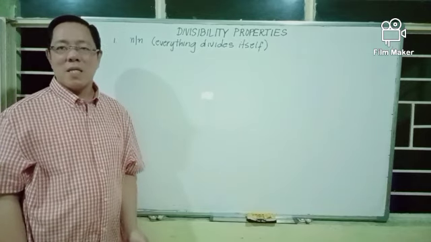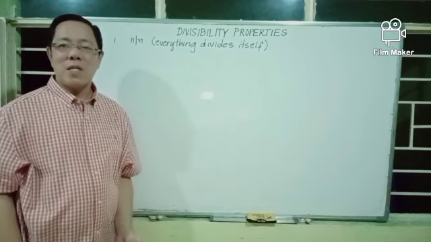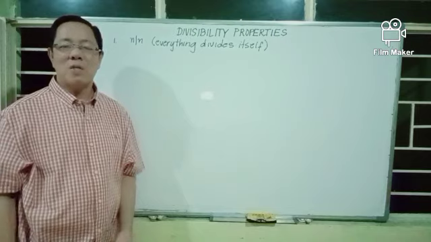The second property is known as the transitivity property or transitive property for divisibility.